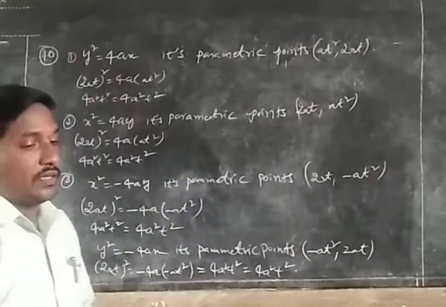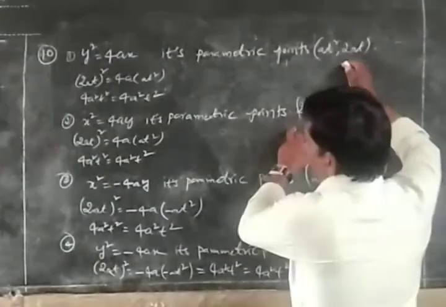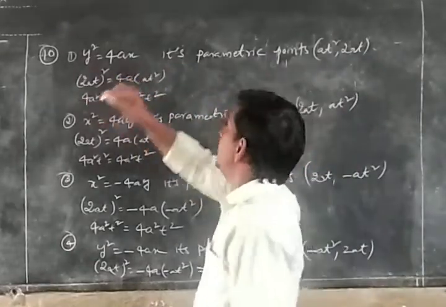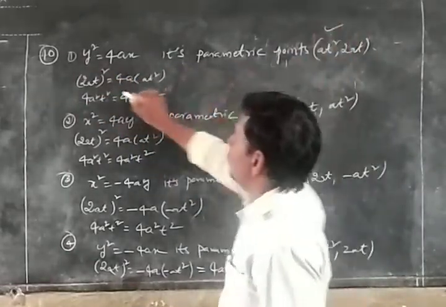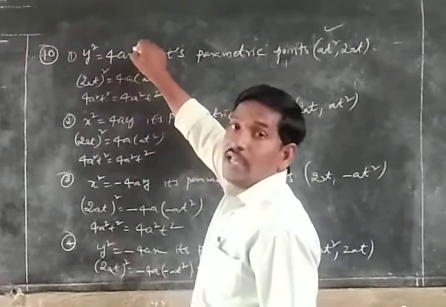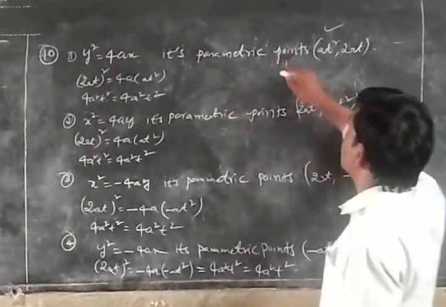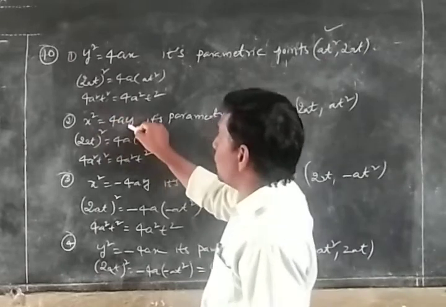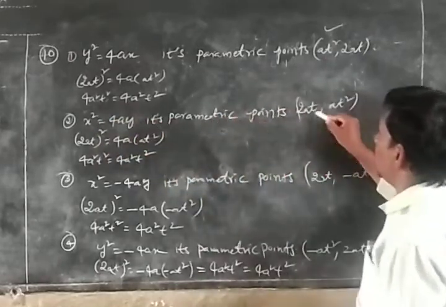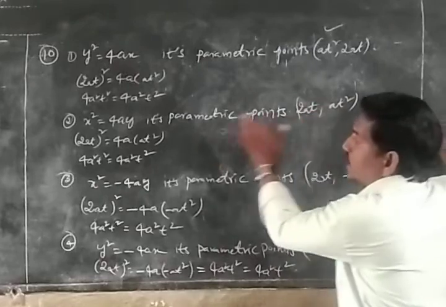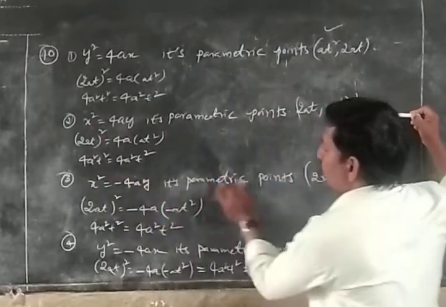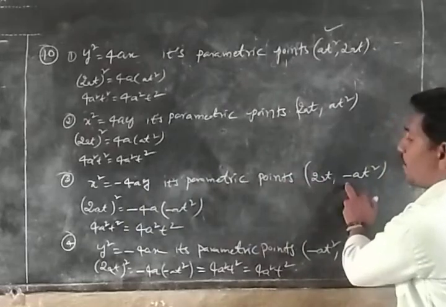So the given points, what we are taking, the points should satisfy the given parabola. So this point satisfies the given parabola y square is equal to 4ax. That's why its parametric points are (at square, 2at). So x square is equal to 4ay, its parametric point (2at, at square). Its point satisfies the given parabola. X square equal to minus 4ay, its parametric points are (2at, minus at square).